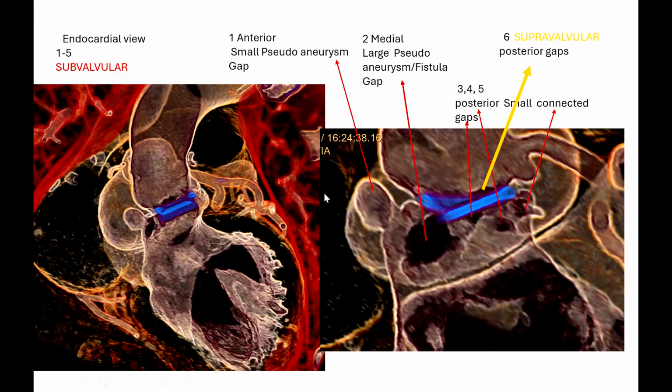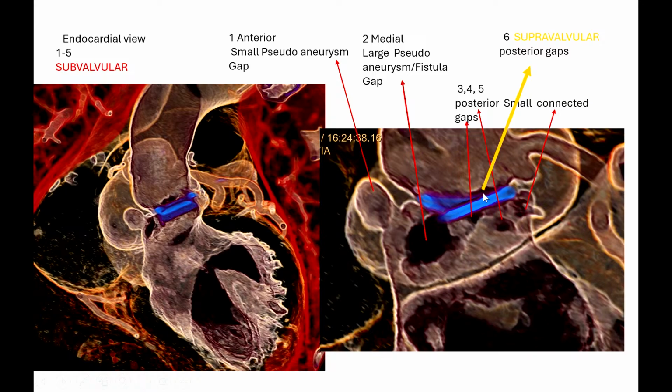As you can see here, the patient had multiple lesions. He had 5 lesions, which are subvalvular, 1 small pseudoaneurysm, 1 huge aneurysm. The pseudoaneurysm has a posterior small gap.